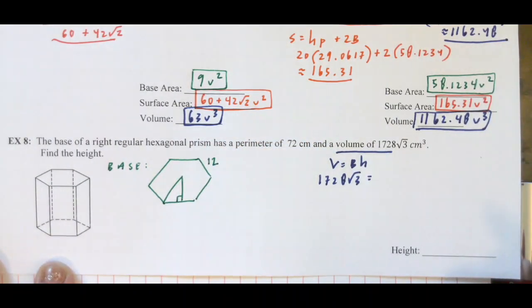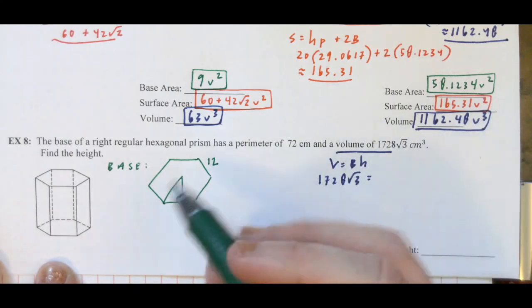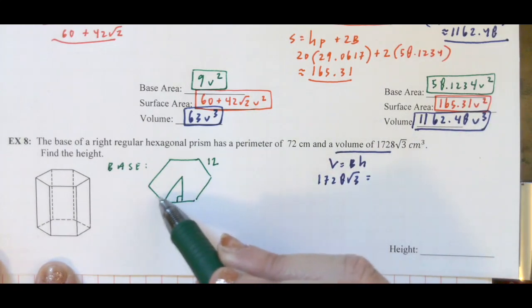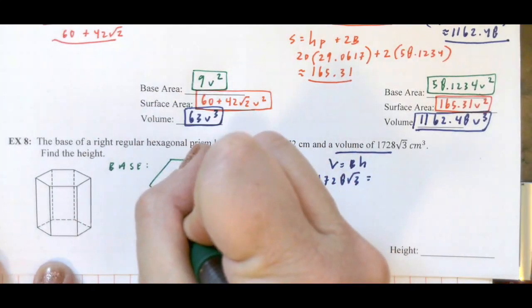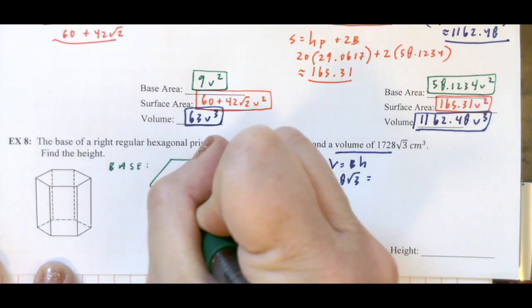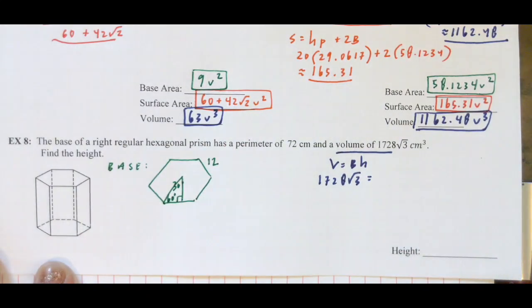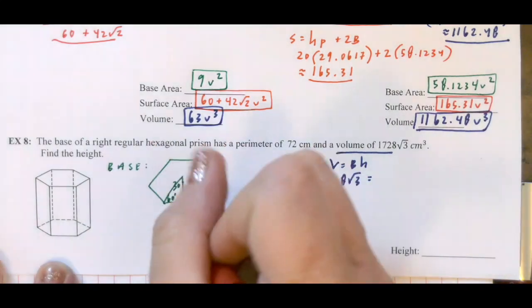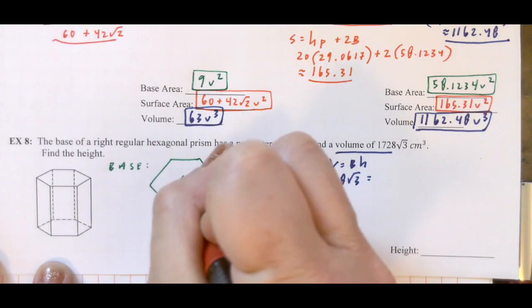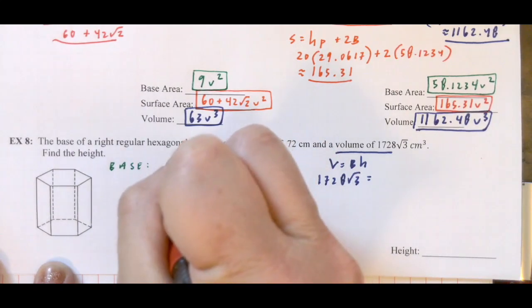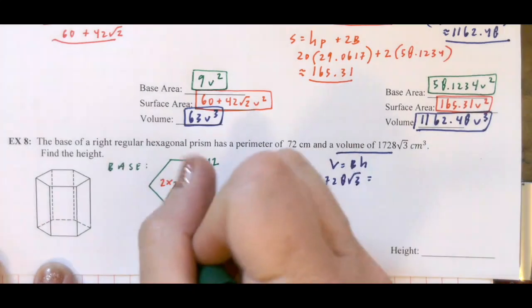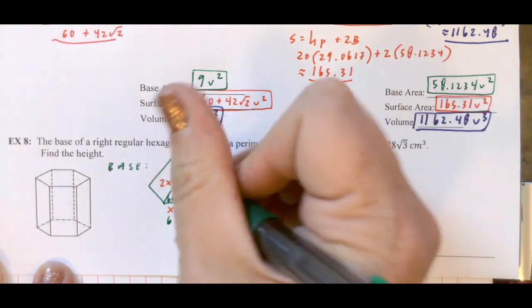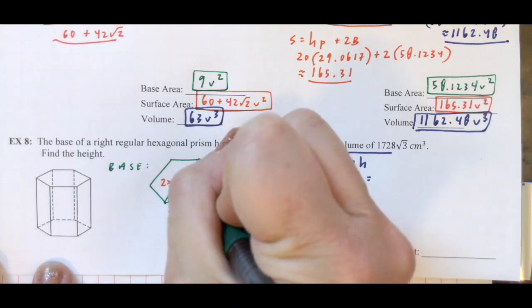The regular hexagon has an interior angle of 120. If I split that, I get a 60 here and a 30 here. So I see a 30-60-90 triangle where this is x, this is x root 3, this is 2x. So half of a side is 6, and then my apothem must be 6 root 3.